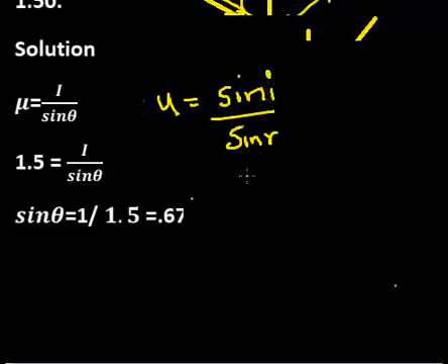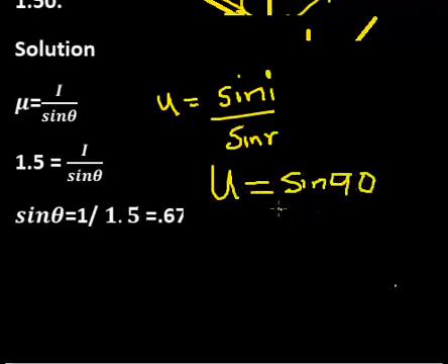That's critical angle. So we can simply say that refractive index is equal to sine 90, and of course the angle of refraction is the critical angle, so sine c.